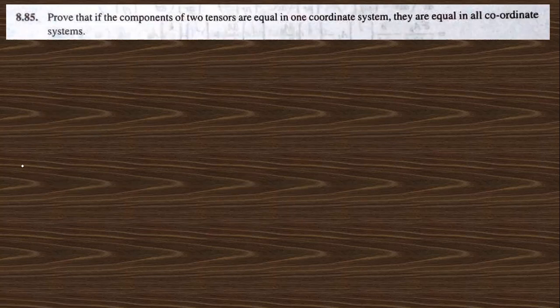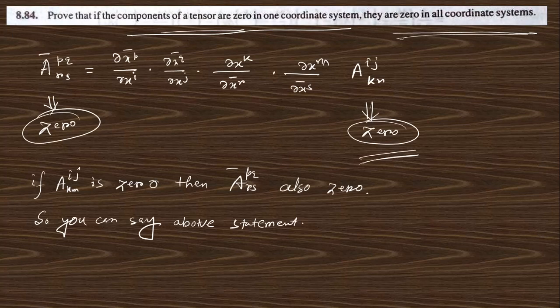Go to the next one. Prove that if the components of two tensors are equal in one coordinate system, then they are equal in another coordinate system. Just like the previous process, if you take two tensors, this is A, and if you take another B, so if A and B are equal in this coordinate system, then in this coordinate system these two must also be equal.